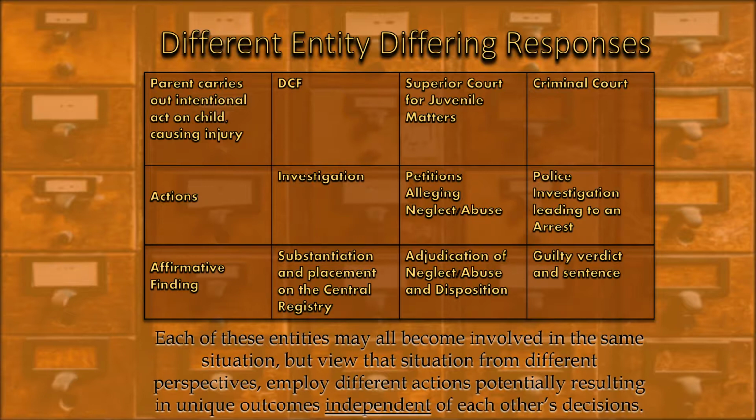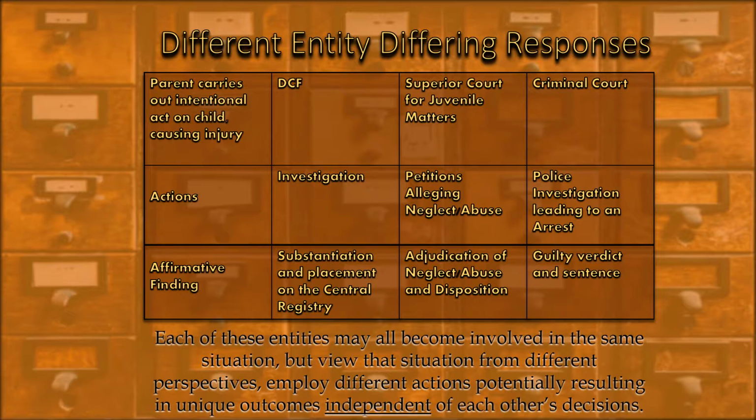For example, in a case where a parent carries out an intentional act on a child causing injury, the department's action would be an investigation. The affirmative finding of that investigative action would be a possible substantiation and possible addition to the central registry. The department may also choose to file a petition alleging abuse and/or neglect.